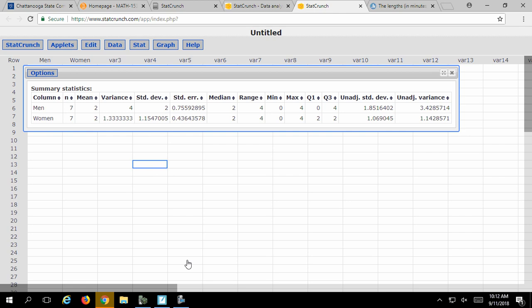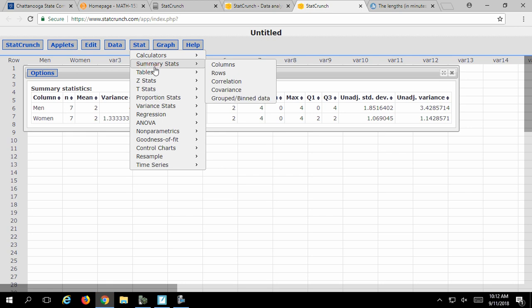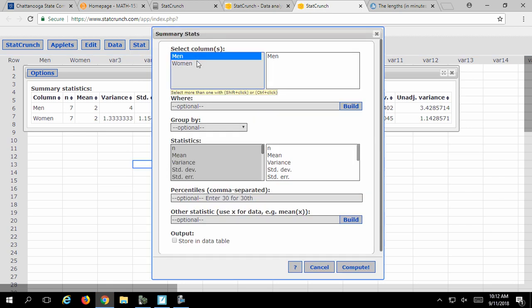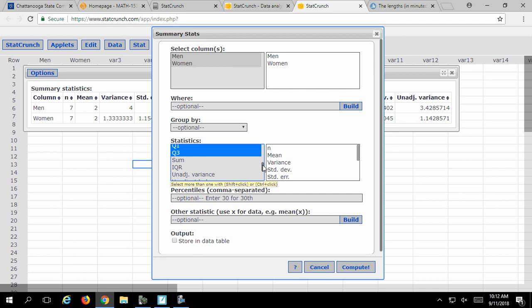Sample would be standard. That's what you plug into that section on StatCrunch. If it's a sample, it's the default standard deviation in StatCrunch. If we just started over, when I went to Stat, Summary Stats, Columns, it defaults to give me this list of things to calculate.